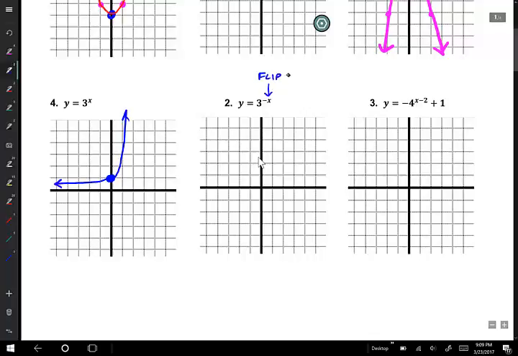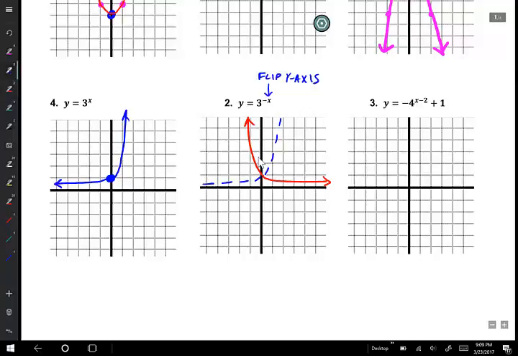So it's going to flip over, excuse me, I made a mistake there. It's a flip over the y-axis, so it's a sideways flip. So I'm going to mark the original with a dotted line, and then I'm going to make my new graph flipping over the y-axis with a red line. So the red line is our answer here. A negative number in front of the x flips it over the y-axis.